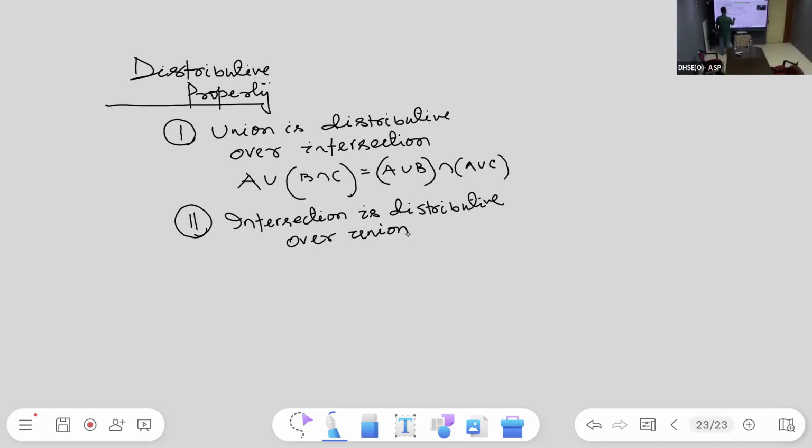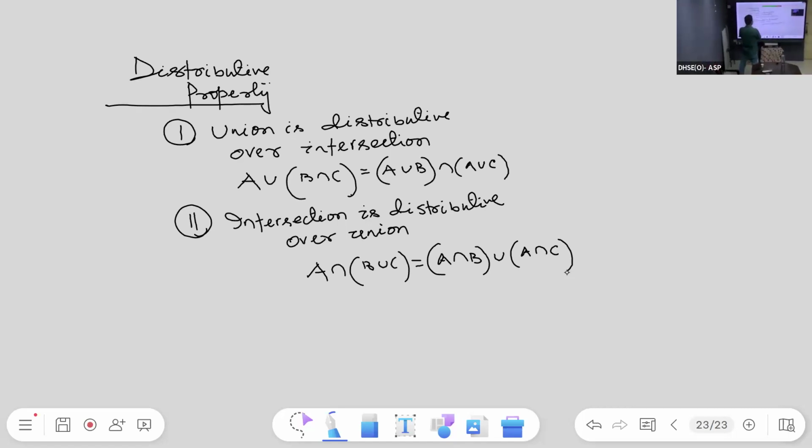That is A intersection (B union C) equals (A intersection B) union (A intersection C). So, union is distributive over intersection. The second one is intersection is distributive over union.